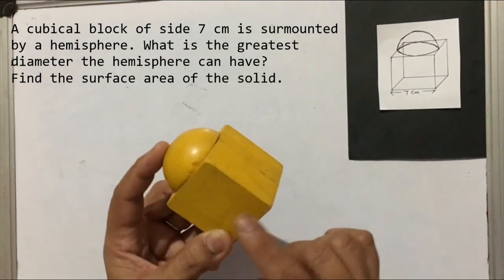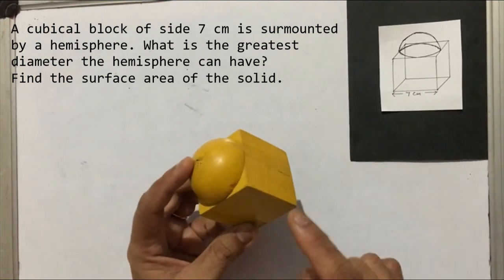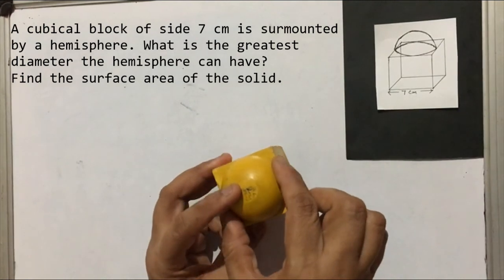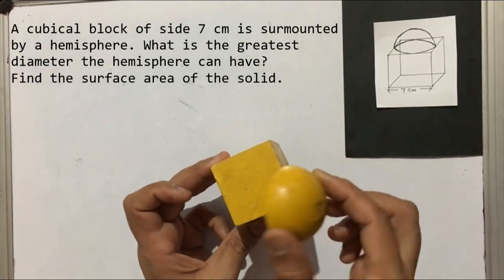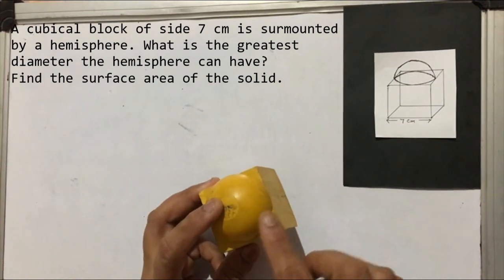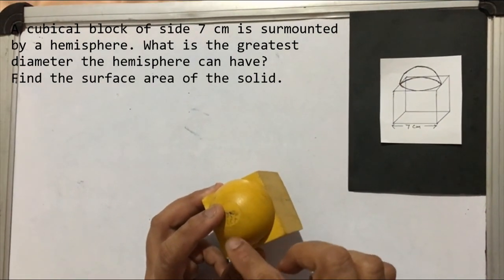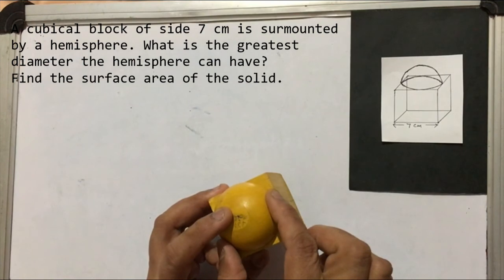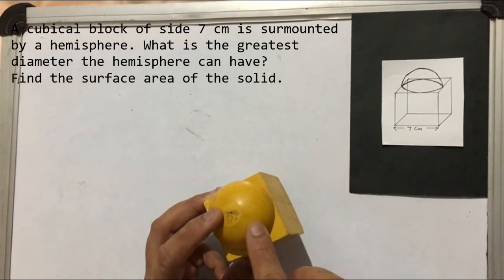So from the total surface area, we subtract the base area of the figure we kept on it, plus the CSA of the object which I kept on it, which is a hemisphere.